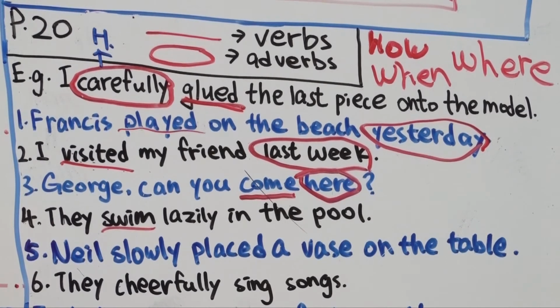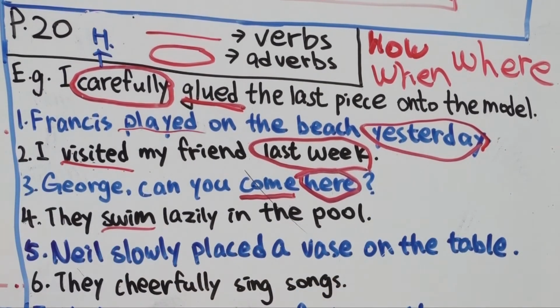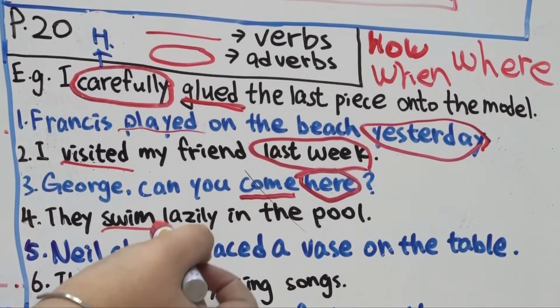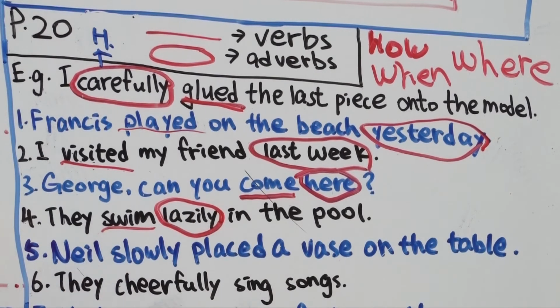Which one is the adverb here? Is there any word here that tells you how, when, or where this action happens? That should be lazily, because lazily is the adverb that tells you how they swim. Okay? Lazily is the adverb.